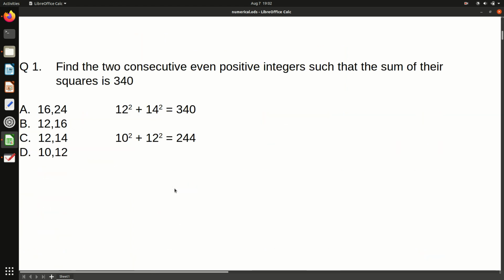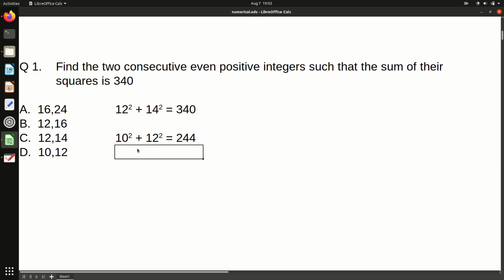As I already told you, these are the questions which have been asked. Try to solve them, because these types of questions, with little variations, will be asked in your final examination. The question is very simple: we have to find two consecutive even numbers such that if we take the squares and sum them, it equals 340.